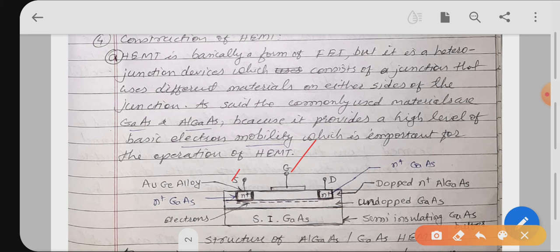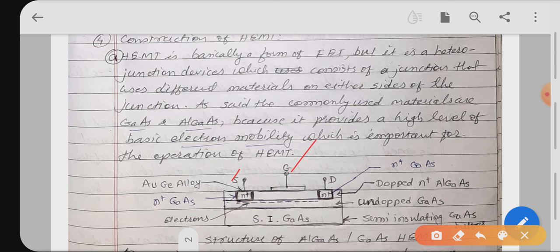That is very important, because the velocity of the charge carriers depends on electron mobility. V is the velocity of charge carriers, which is given by mu E, that is electron mobility multiplied by the applied electric field.